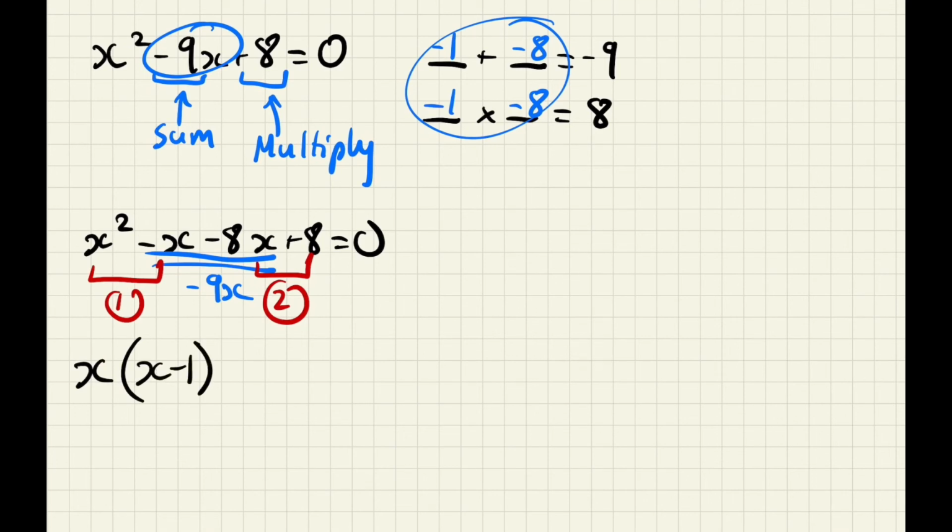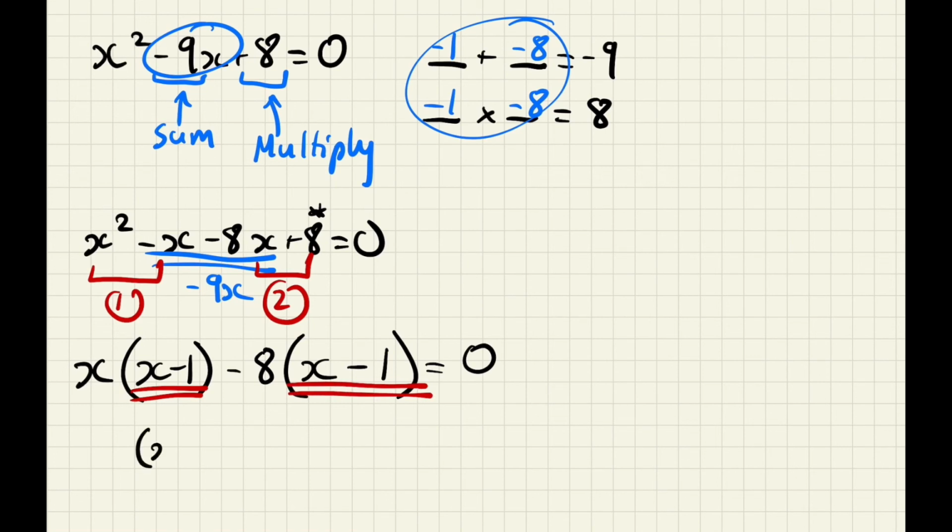Then looking at minus 8x plus 8, our common term is minus 8, so in brackets we're left with x minus 1, remembering that negative 8 times negative 1 gives us our positive 8 there. That's all equal to 0. Then we take out our x minus 1, and put our leftover x and minus 8 in another set of brackets, and that's all equal to 0.